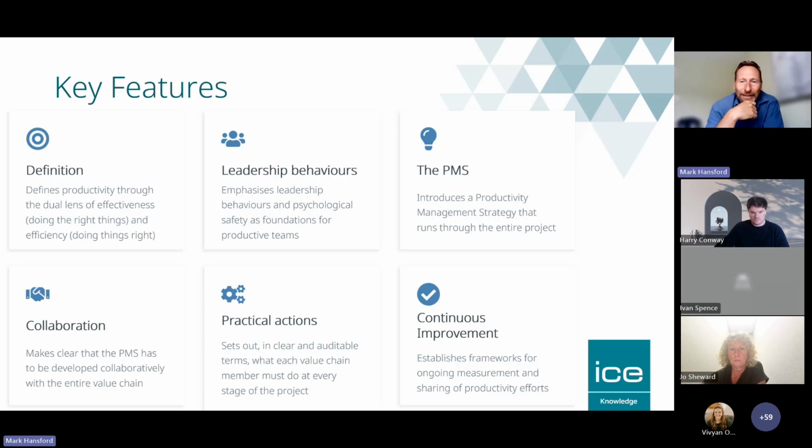So what does the PAS not do? It's as important as what it does do. What it specifically does not do, and this comes up a fair amount, is prescribe specific methods for data gathering or target setting. We agonised long and hard about this, but ultimately we decided that that really does have to be determined by individual projects and programs.